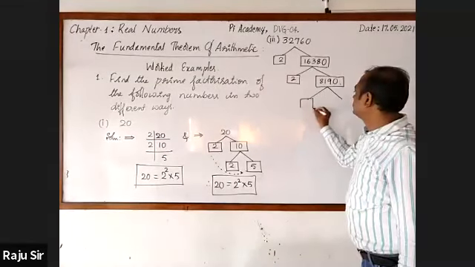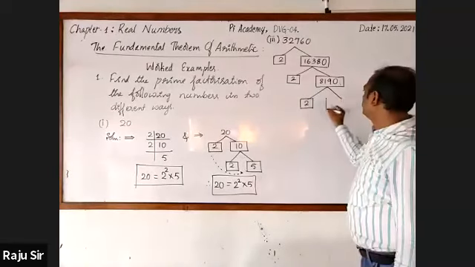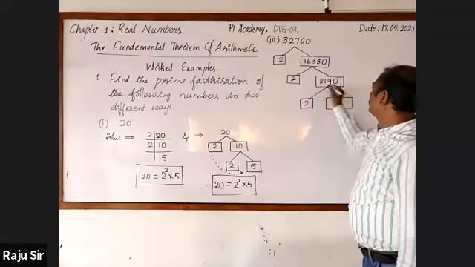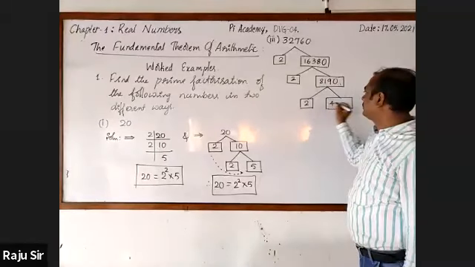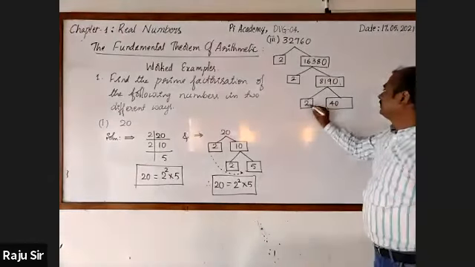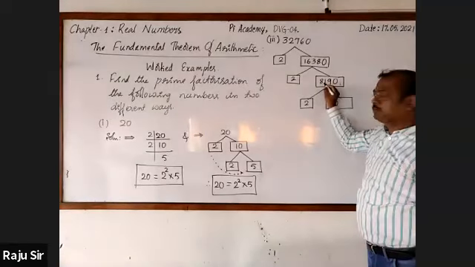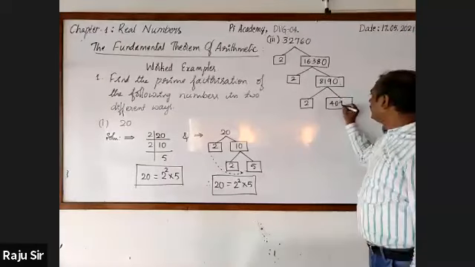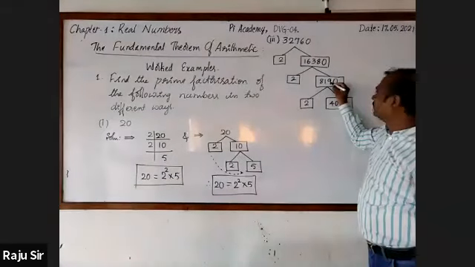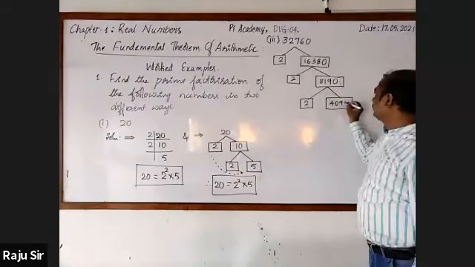It is 2. 4s are 8. 1 is there which is not divisible by 2. Then 0s are. See, 2 4s are 8, 1 will remain. It becomes 19. 2 9s are 18. 1 will remain. It is 10. 2 5s are 10.